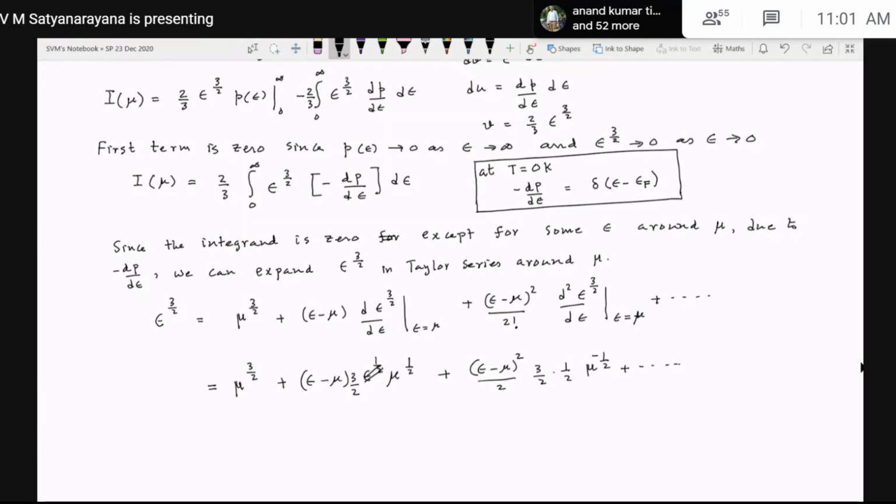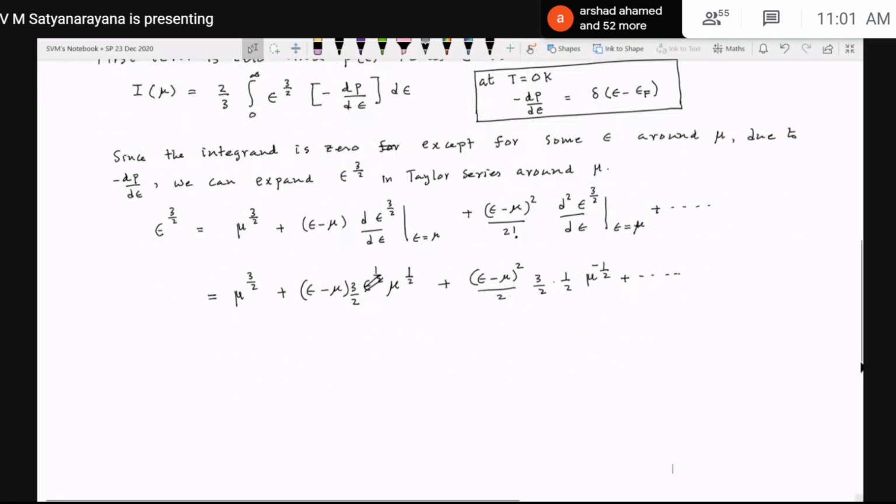So once we have this expression, we can go back to this integral.